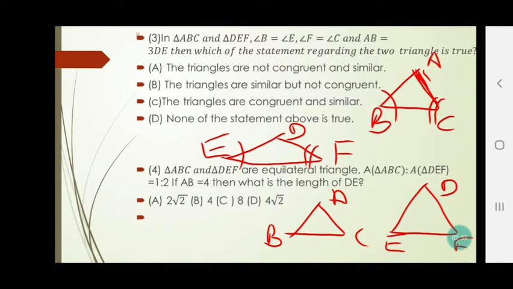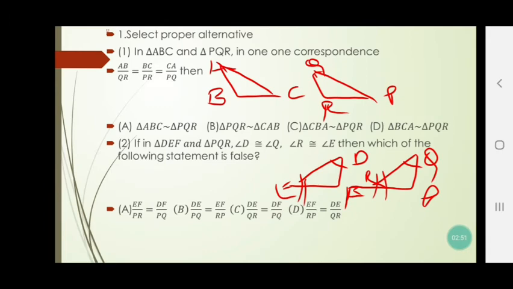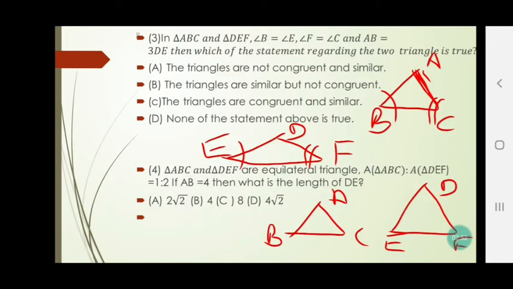So the triangles are similar but not congruent. That is option B, which is correct.